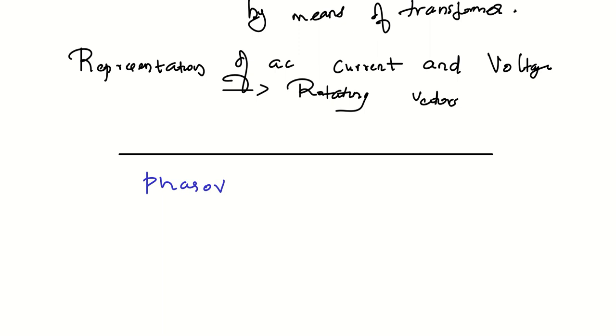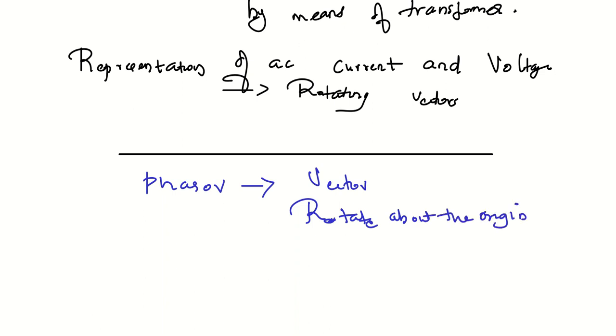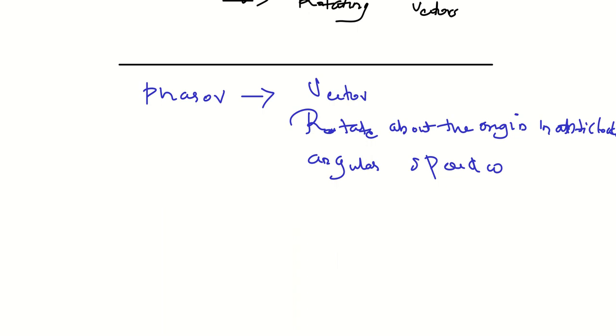So a phasor is a vector which rotates about the origin in the anti-clockwise direction, with the angular speed omega.